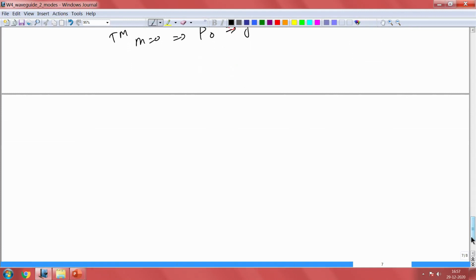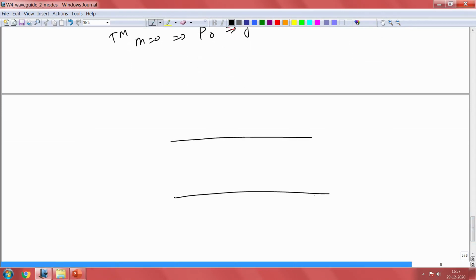So, now let us look at some plane wave representation of this planar waveguide. It's an interesting way to look at the propagation here, which will give us even better understanding of how light would propagate through this system. So, let us have this as D, N1, N2 and N3.